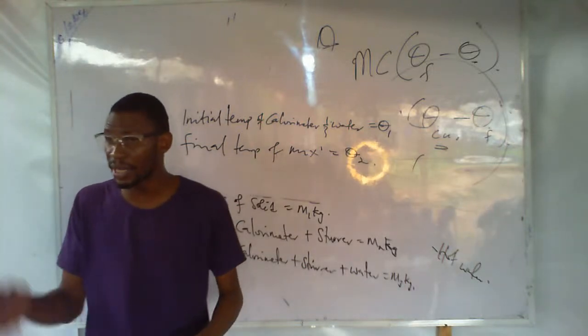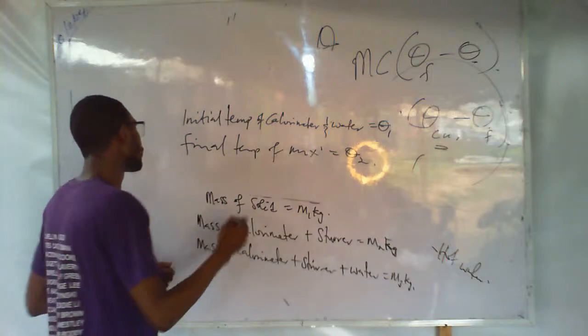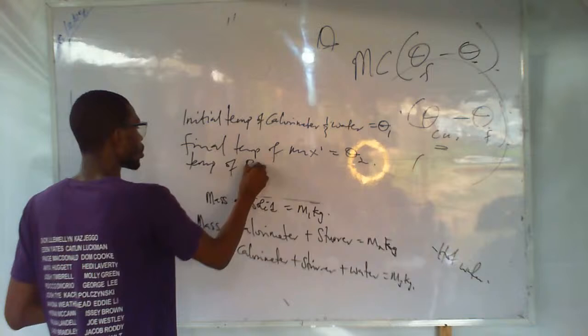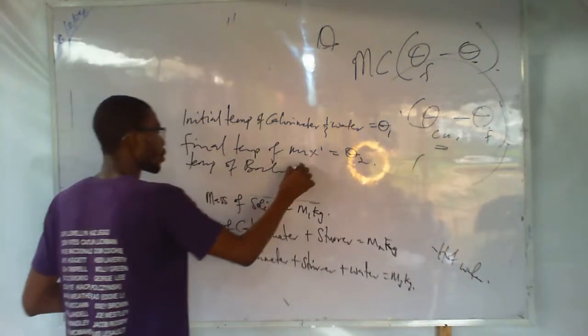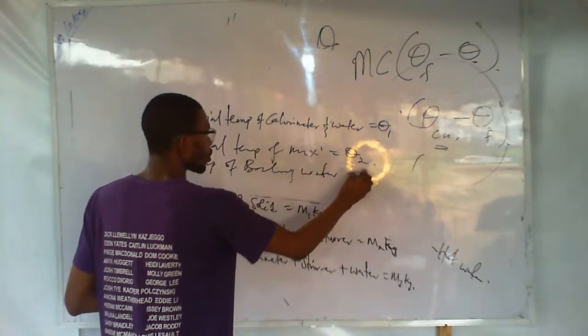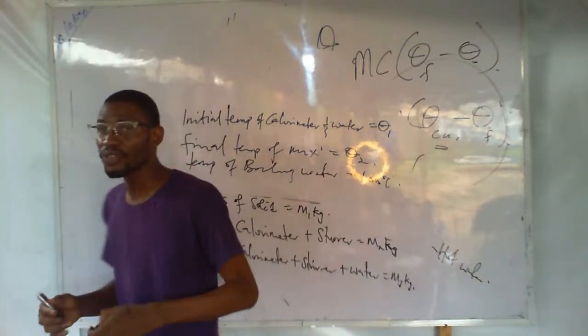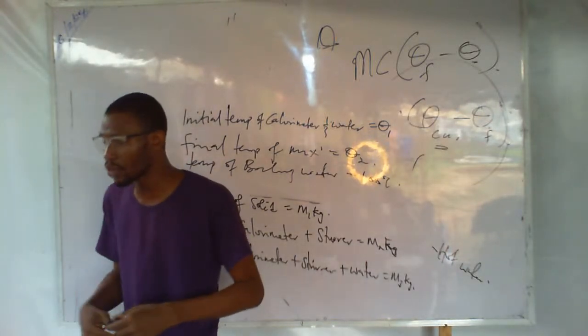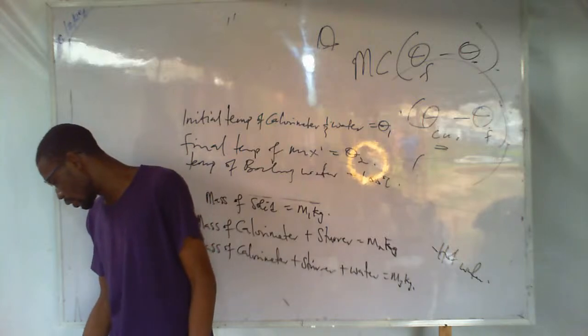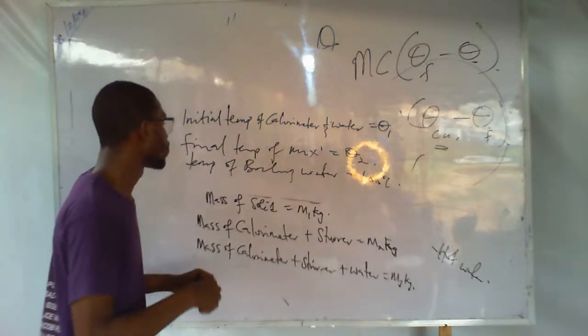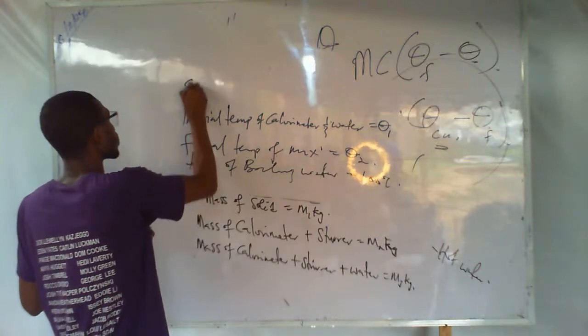I just want you to take the identity. Temperature of the boiling water as 100 degrees Celsius. Then specific heat capacity of the solid.